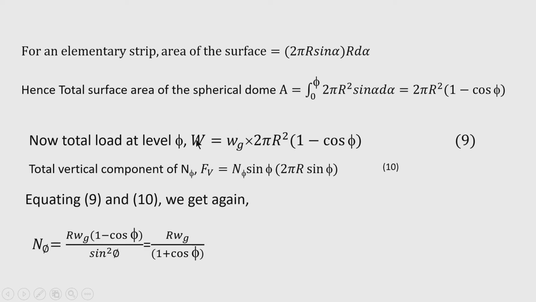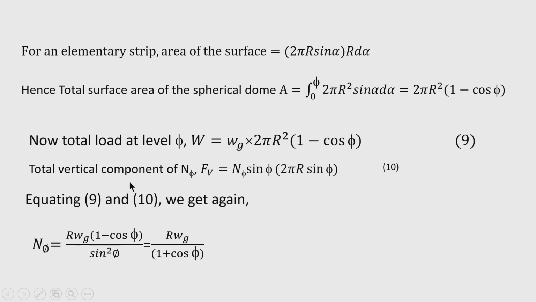Now, the total load at level phi, where W_g is the vertical load acting on that, is W_g multiplied by this surface area. Okay. So, we get this quantity on the right hand side without integration, by means of physical meaning.